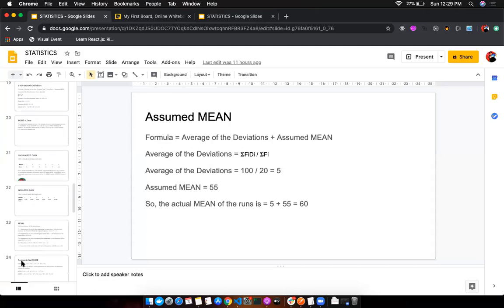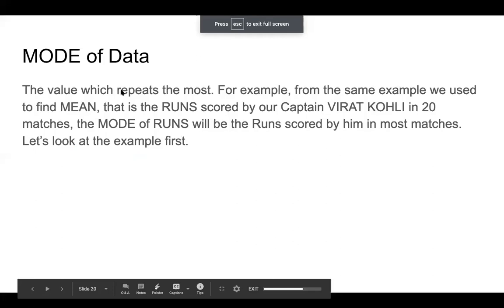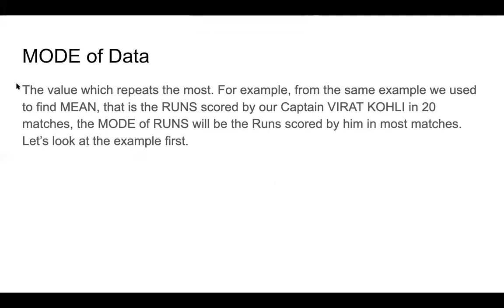So let us look at mode with another example, the same example that we saw earlier. What is mode? The value which repeats the most. For example, from the same example that we used to find the mean, the runs scored by our captain Virat Kohli in 20 matches, the mode of runs will be the runs scored by him in most matches.